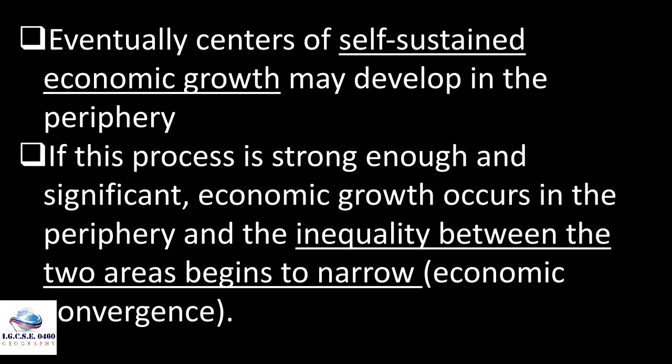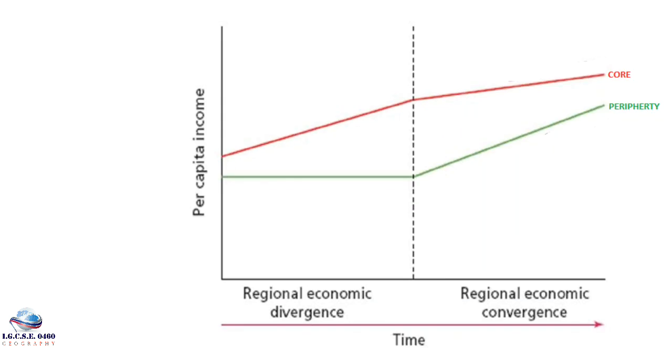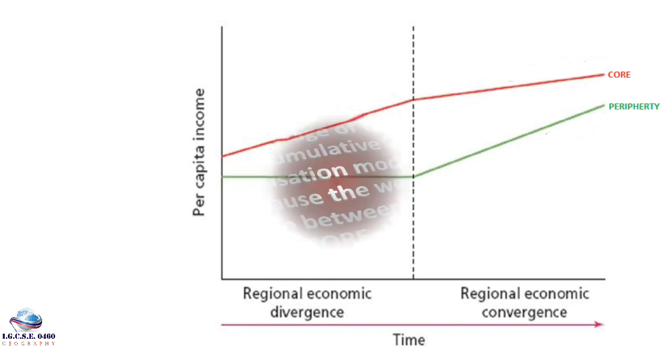So if this process is strong enough and significant, economic growth may occur in the periphery, and the inequality between the two areas, like I said, will begin to narrow, and we call this economic convergence. So this is finally what happens, that the red area is the core and the green one shows the periphery, but you can see that both are starting to develop almost in the same way.